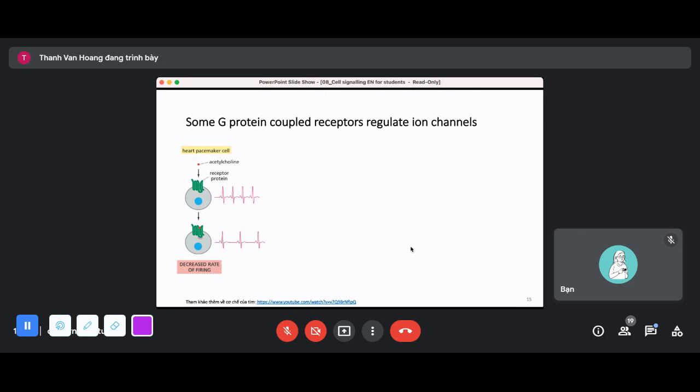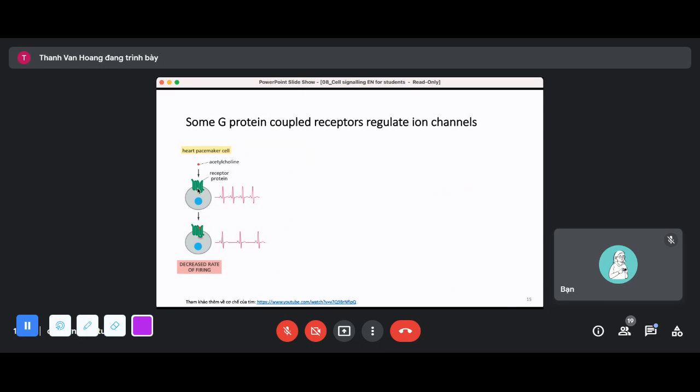So some G protein coupled receptors regulate ion channels. For example, in the case of acetylcholine, as we said, in the heart pacemaker cells, it reduces heart rate, right? So what happened here?